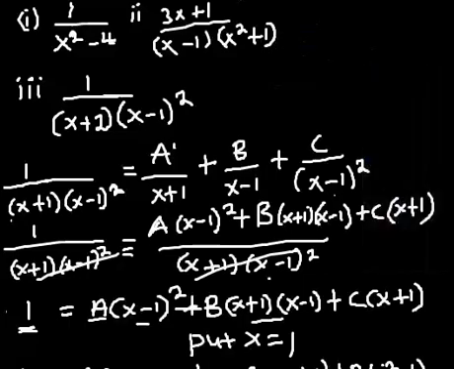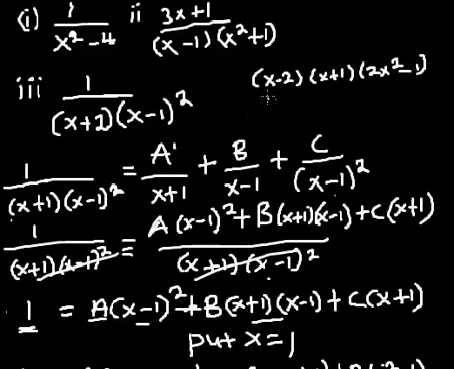Let's say I had x minus 2, then I have x plus 1, and I'm now having, let's say, 2x squared minus 1. This one will go for a, this one will go for b, then this one will go for c, but it's going to be cx plus d. So that is how you arrange it.